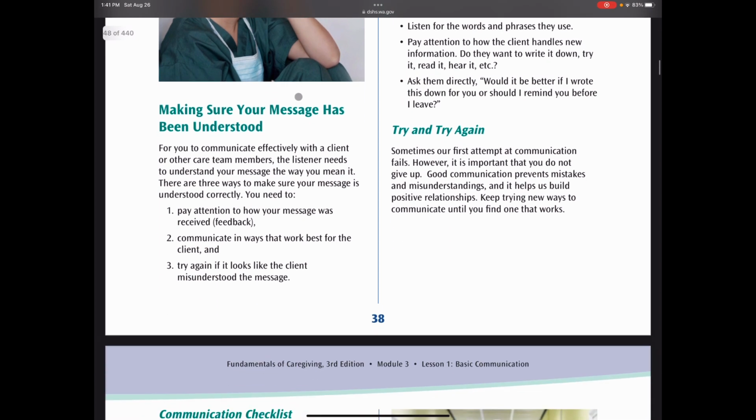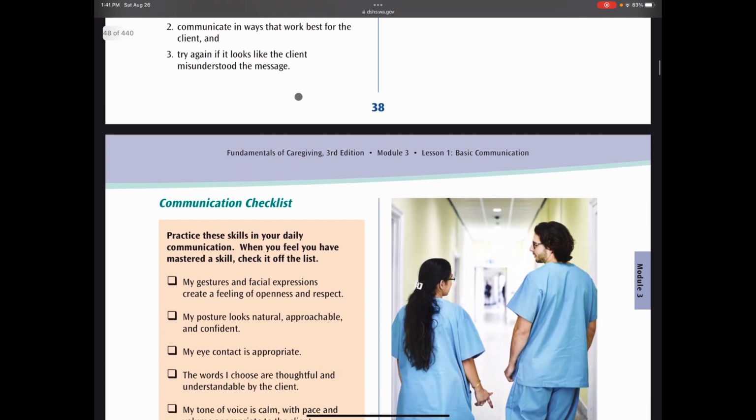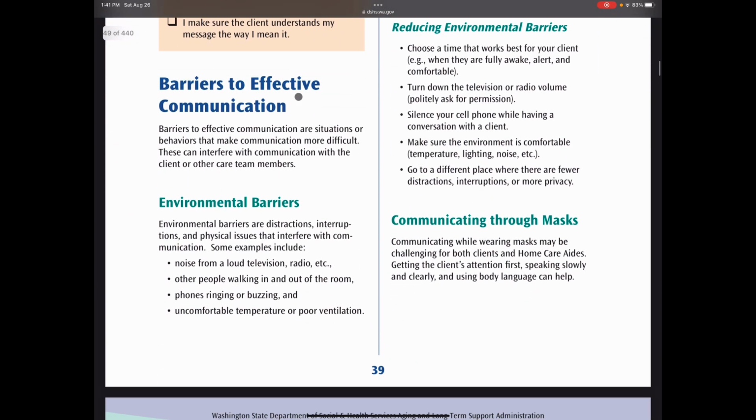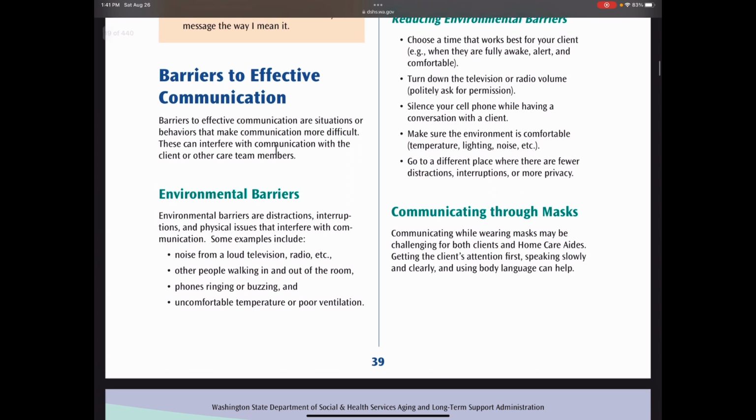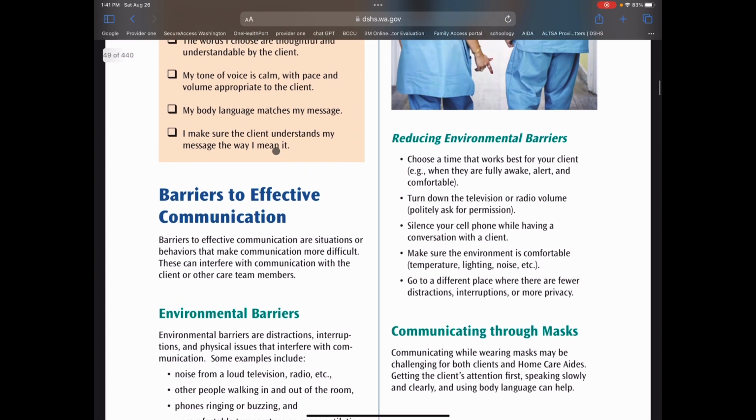There are some barriers to effective communication. There are environmental barriers, like a noisy environment, if the TV is loud, the phone is ringing, this kind of thing. And sometimes communicating through masks makes it very hard to listen to each other.